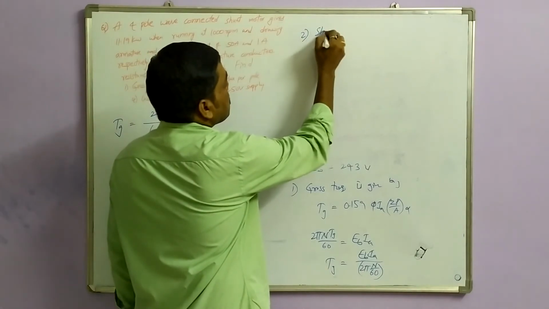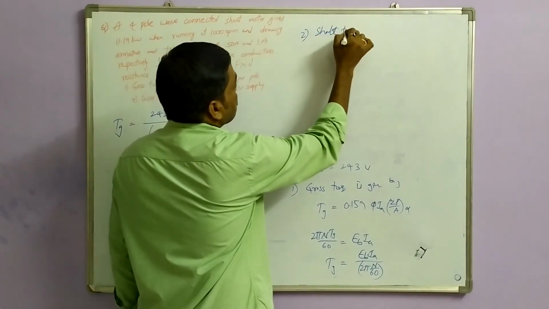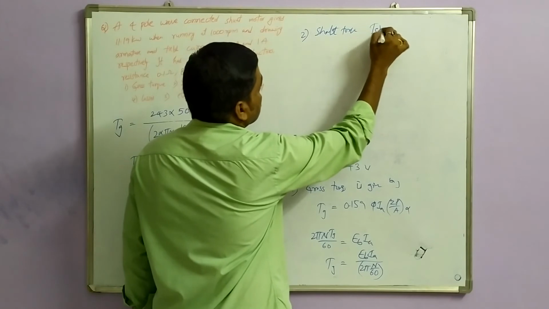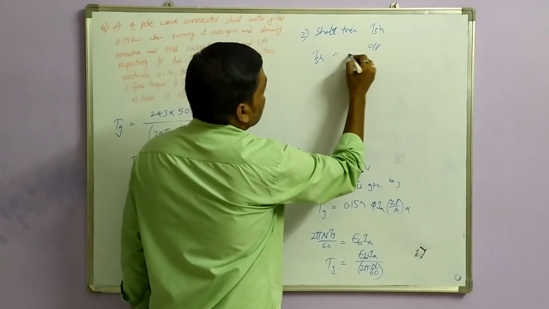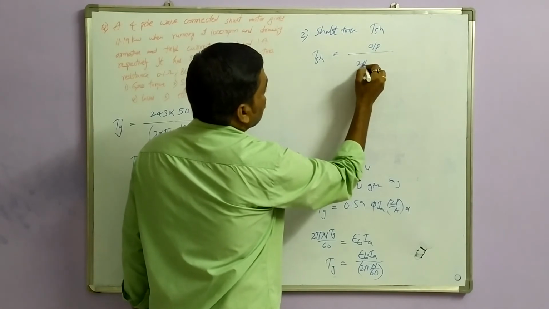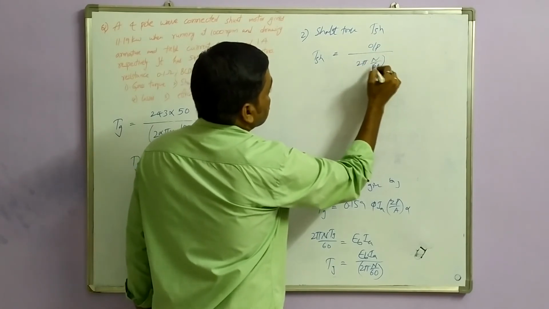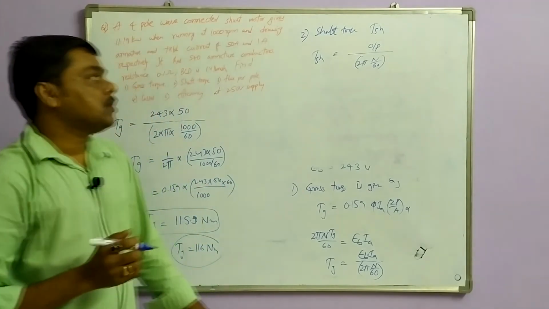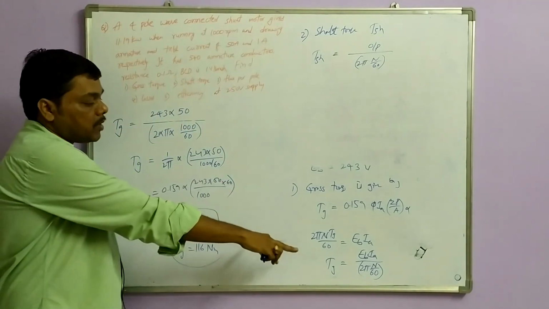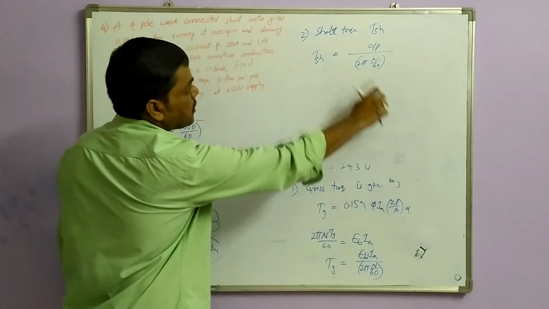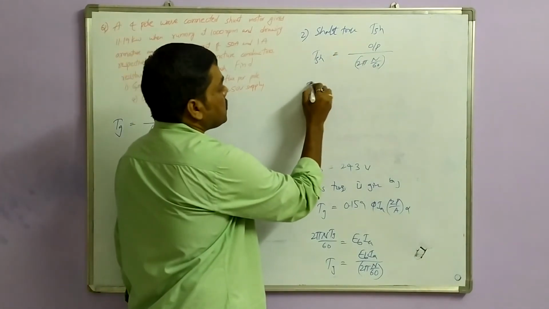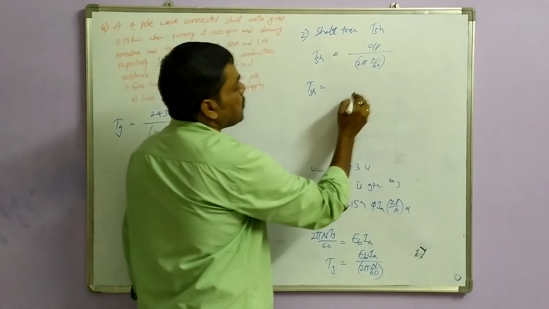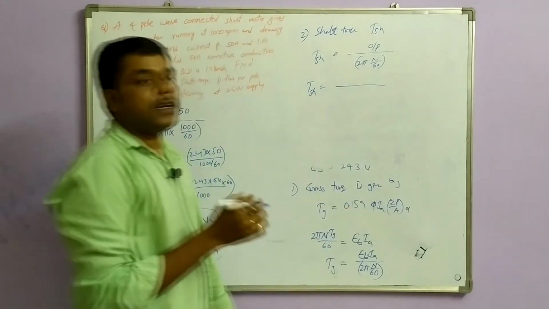The shaft torque TSH is equal to output power divided by 2 pi N by 60. Earlier it was EB IA by 2 pi N by 60, now it is output power by 2 pi N by 60. What is the shaft torque? TSH is equal to, the output power is directly given.